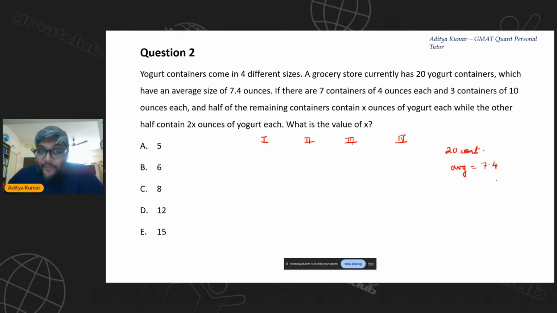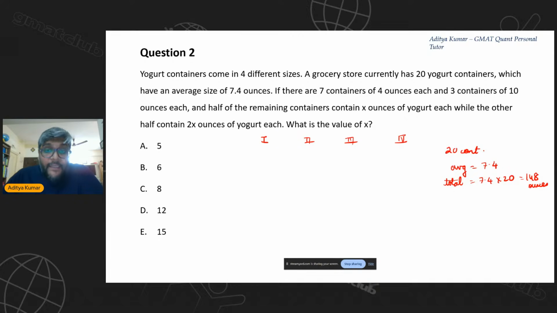But from the average, I can get to a definite piece of information. Whenever you see averages given to you, always get to the total. So immediately I'll say the total is going to be 7.4 times 20. That's 74 times 2, which is going to be 148. So all of these have to add up to 148 ounces.